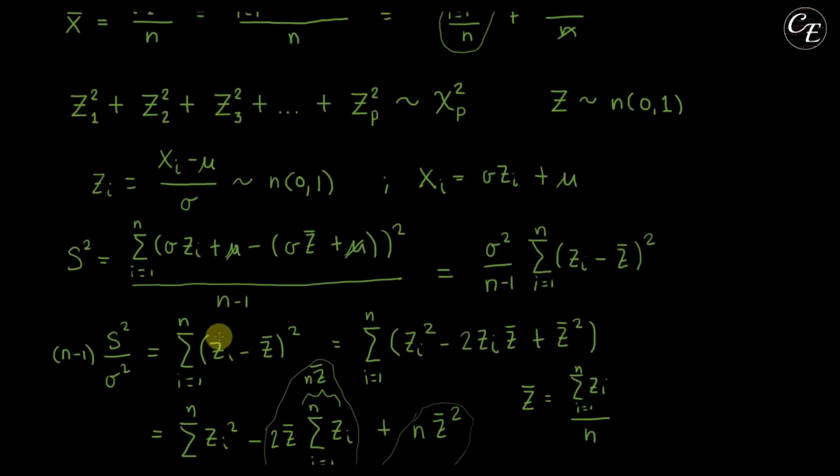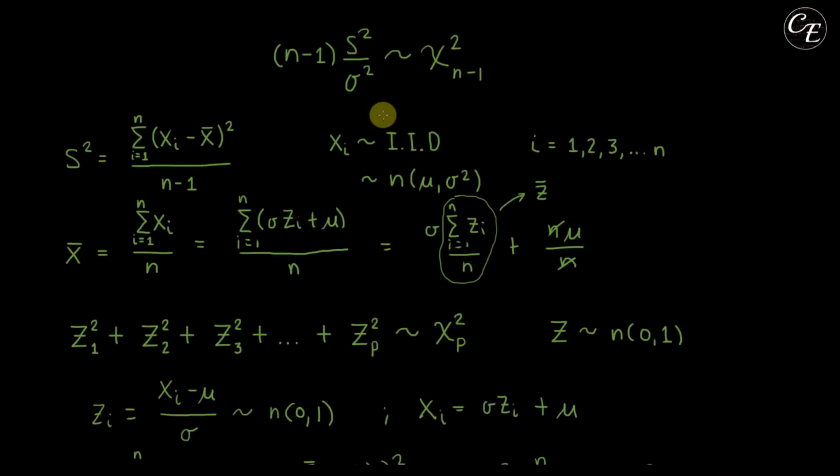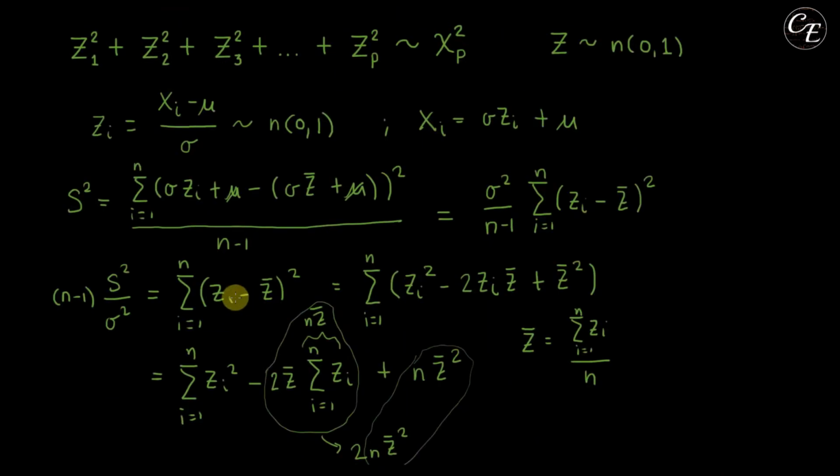But this term in here doesn't have a standard normal distribution. We need some constants in here first. And even if it did, the resulting distribution would be chi-square with n degrees of freedom, because we have n terms in here, the same as the number of terms. What we're looking for should be a chi-square distribution with n minus 1 degrees of freedom. So in here it will still not prove our theorem.